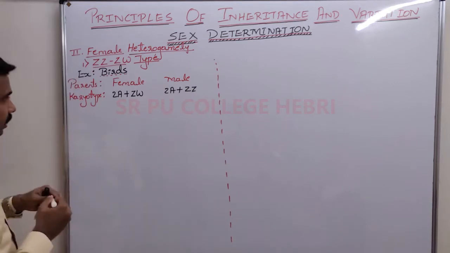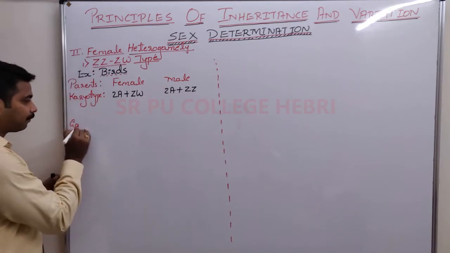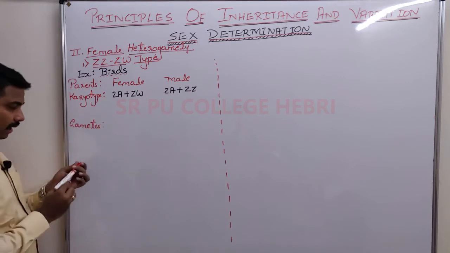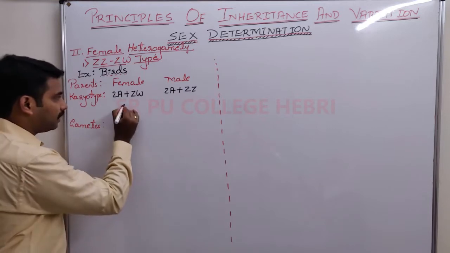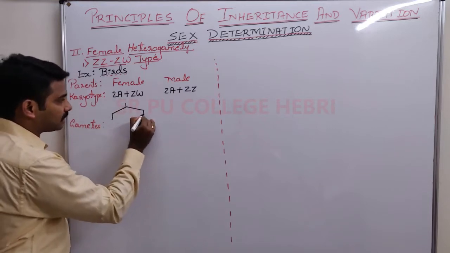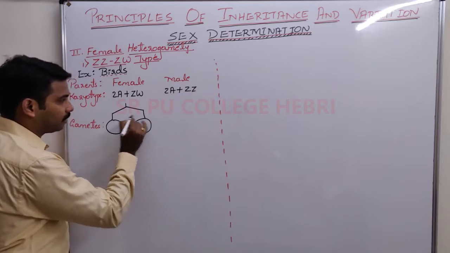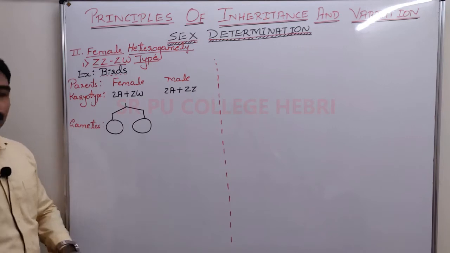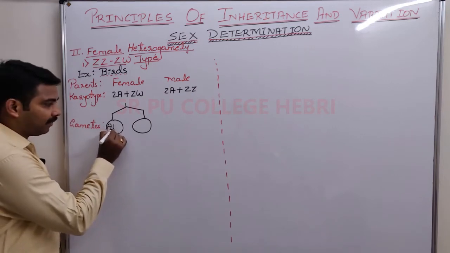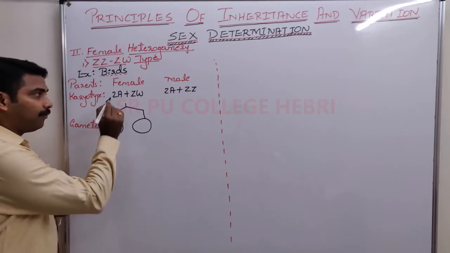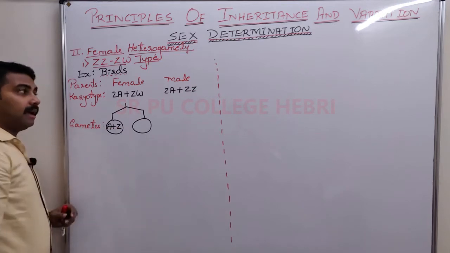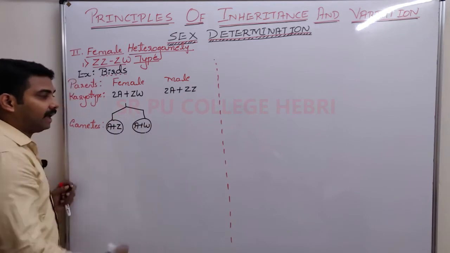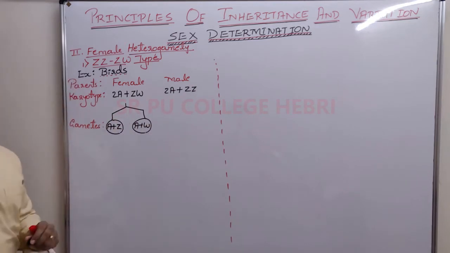During reproduction, the first step is formation of what? Gametes. Okay, now what exactly happens? The female produces the gamete called egg. My question is very simple. Are the eggs produced by the female of same type or different type? Different type. 50% of eggs carry A plus Z chromosome, remaining 50% of eggs carry A plus W chromosome.